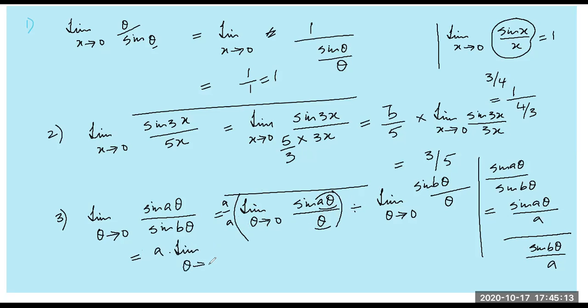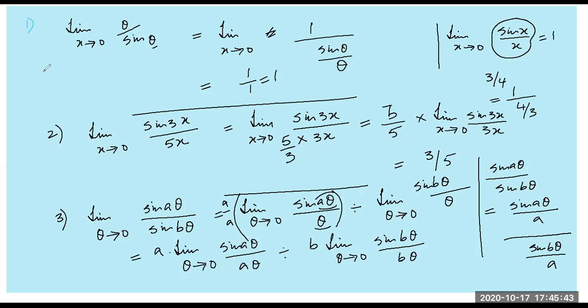So this will become a limit theta approaches 0 sine a theta divided by a theta, divided by, similarly, b comes outside, limit theta approaches 0 sine b theta by b theta. See, a, b are constants, so constants can go outside the limit.